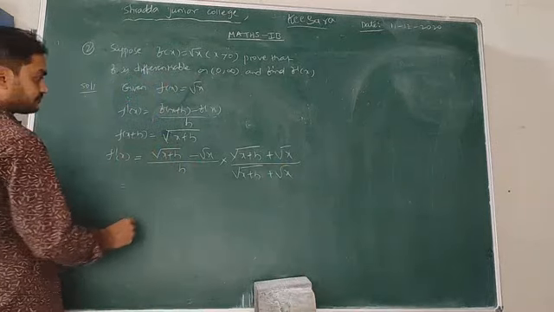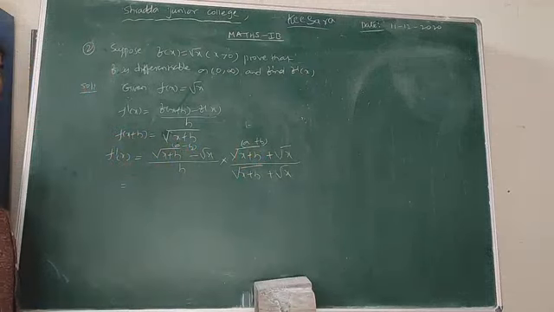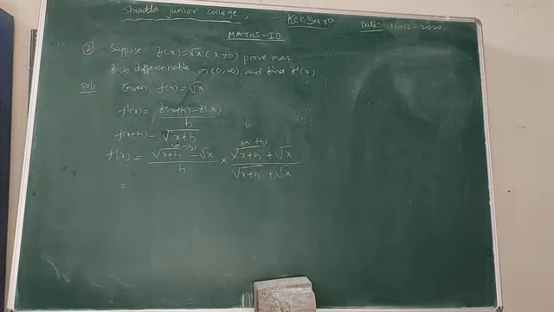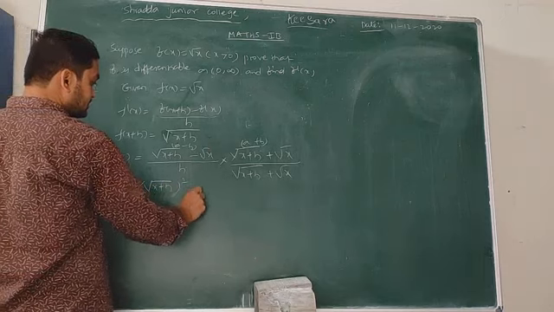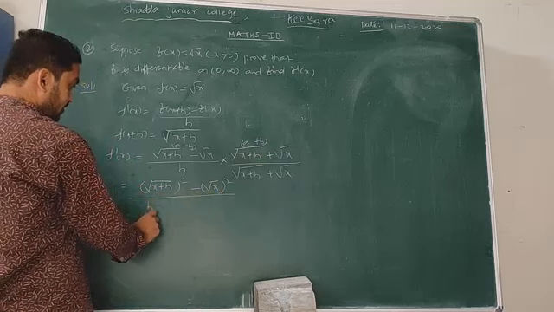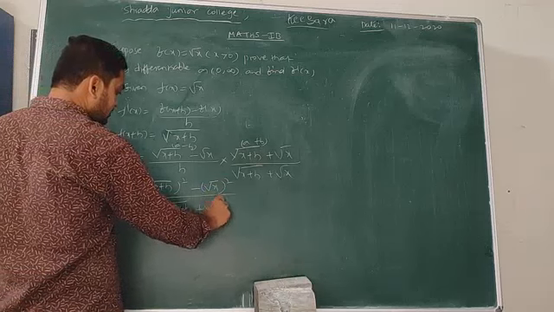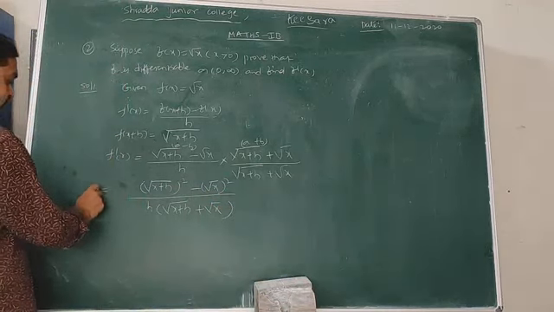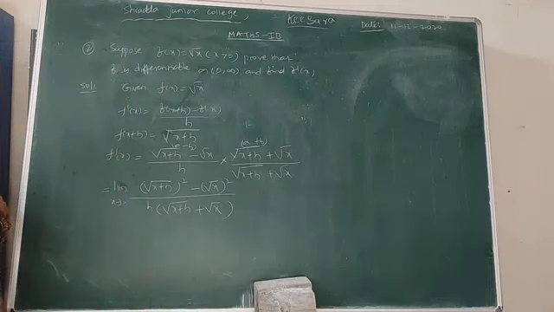So see here, this is in which form? a plus b into a minus b. What is the formula? That is a square minus b square. So we can write this as root of x plus h whole square minus root x whole square by h into root of x plus h plus root x, limit h tends to 0.